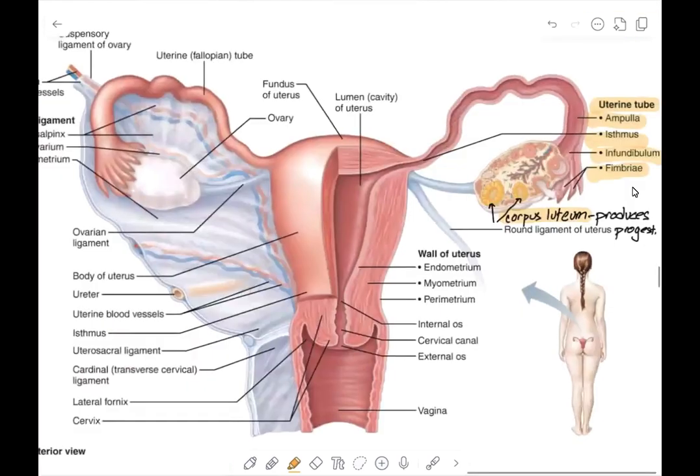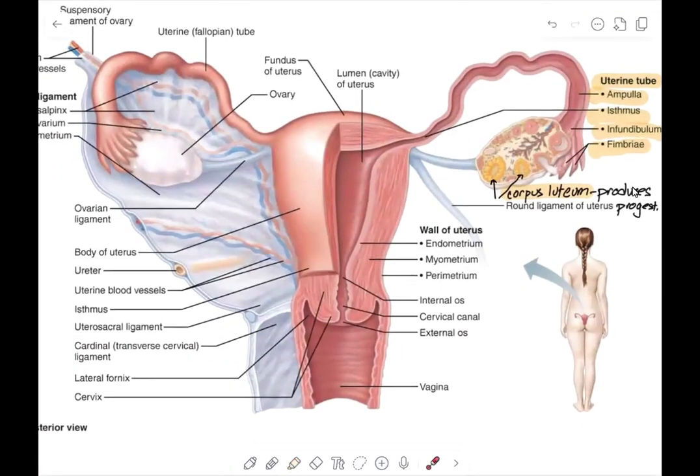Also, this fertilized egg, once it develops, which is what we're going to talk about in chapter 28, it eventually burrows into the endometrium lining of the uterus. You should know the three different layers of the uterus: endometrium, myometrium, and perimetrium. And the myometrium is the smooth muscle that's going to be responsive to oxytocin. So when they use the synthetic form of oxytocin to stimulate labor, they use what's called Pitocin.